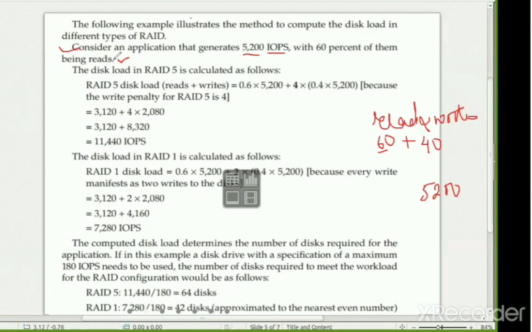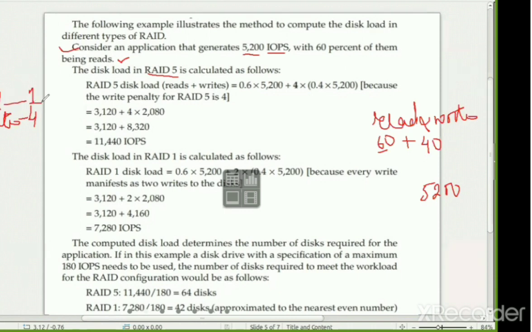Now I need to calculate the disk performance on RAID 5. As I said, in RAID 5 the write penalty, the number of operations written to the disk, is 4. Please remember, for each and every RAID level the write penalty is already decided. For RAID 1, the write penalty is 1.